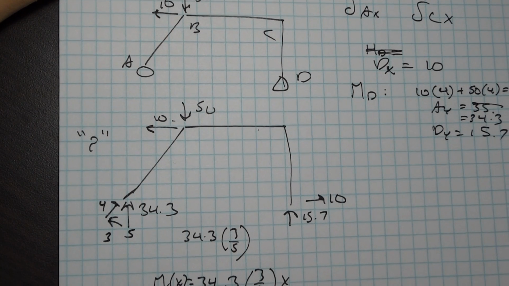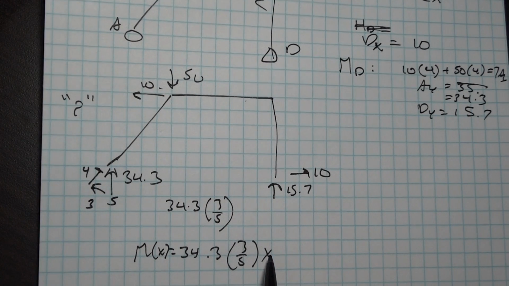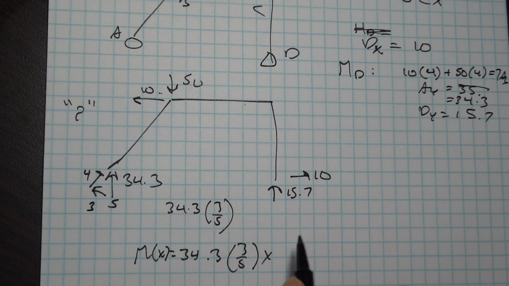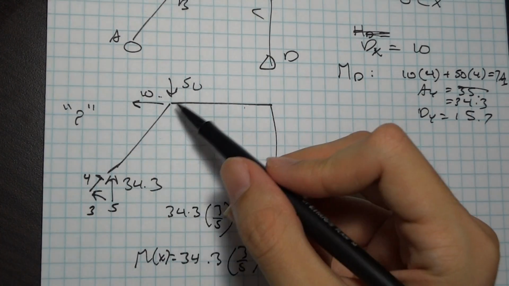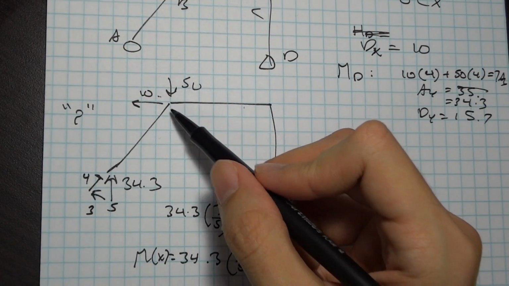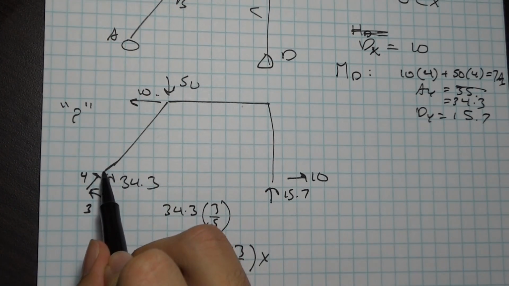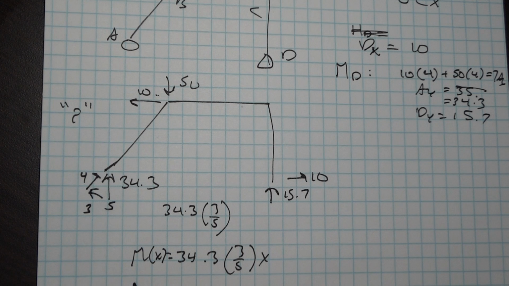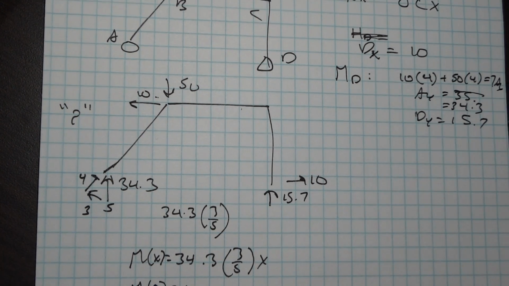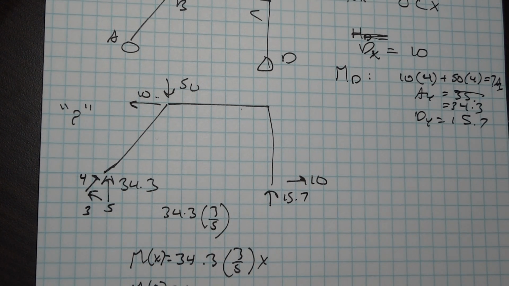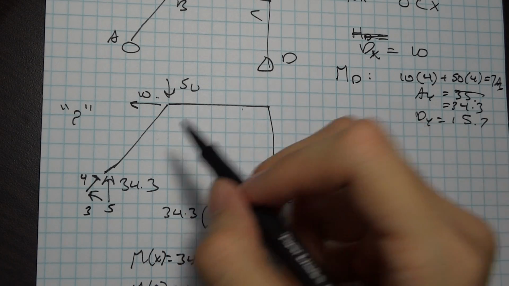If I multiply this by 5, because I'm going along this way, I'm going to get the maximum moment. So I start off at 0, so M of 0 equals 0. M of 5 is going to be 102.8.